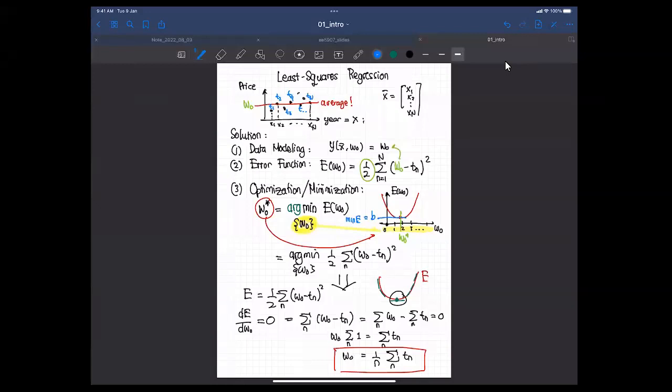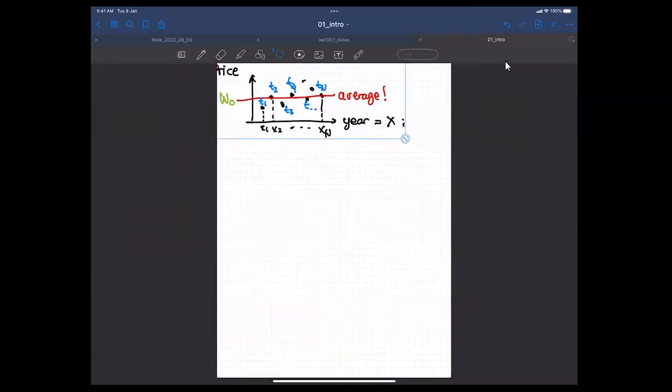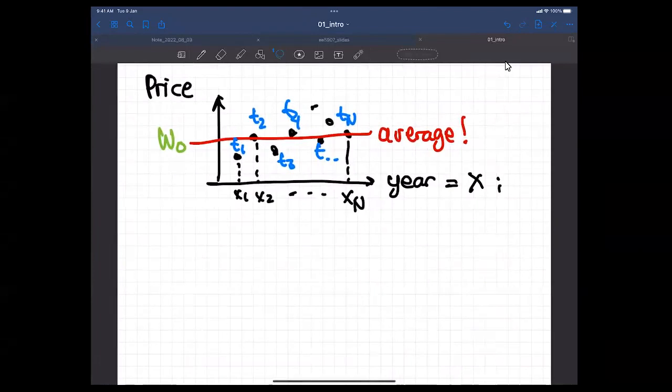Now, as you can see here, the model that we use is not that complex. It's too simple, right? The model of the straight line is too simple, so this one is not really realistic.